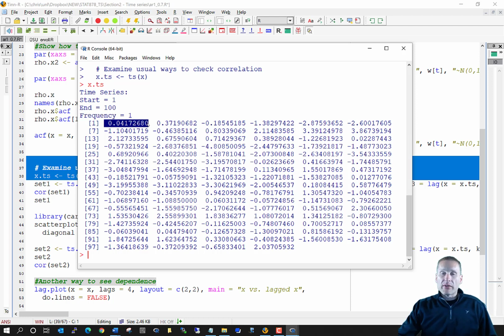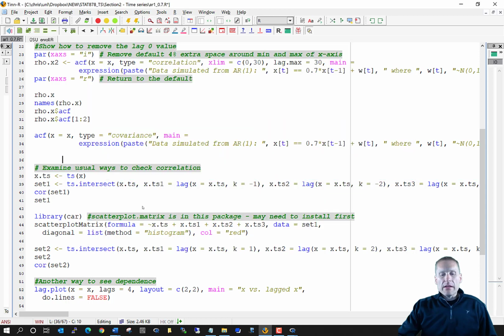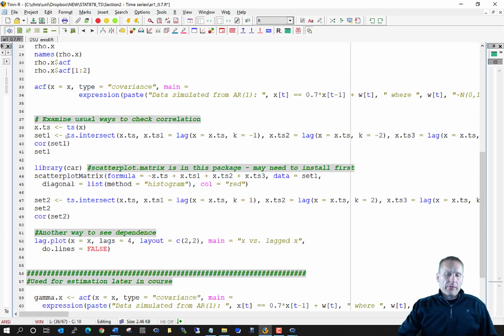So here is, for example, x1. Then what I'm going to do is as follows. I'm going to take the function ts.intersect, which is going to help me form these 4 columns of data and actually line them up all properly.